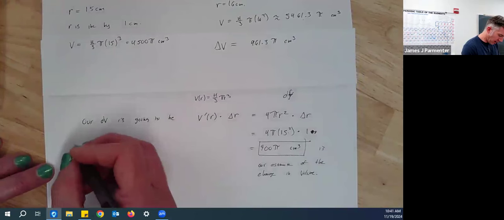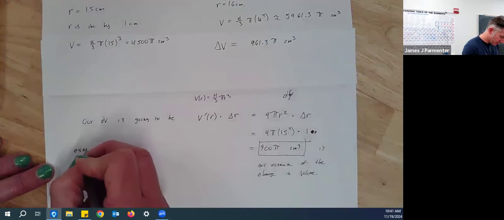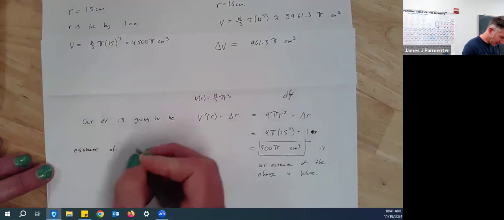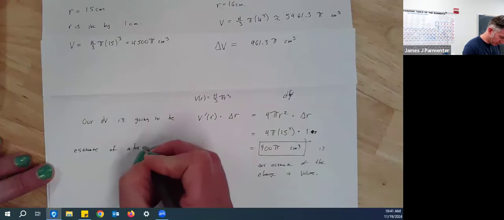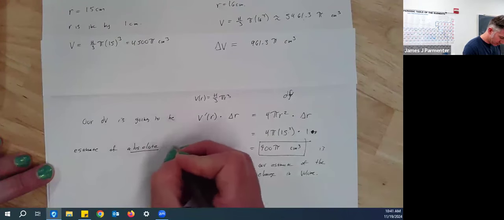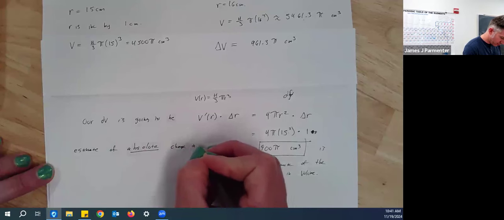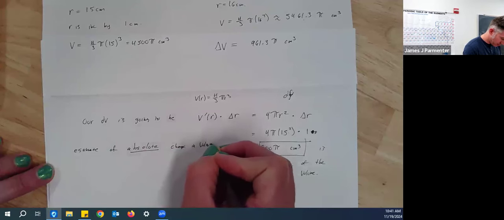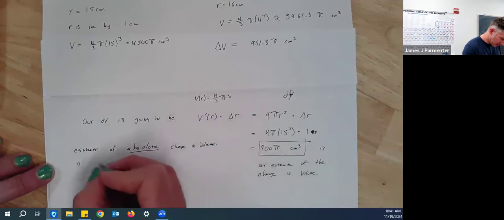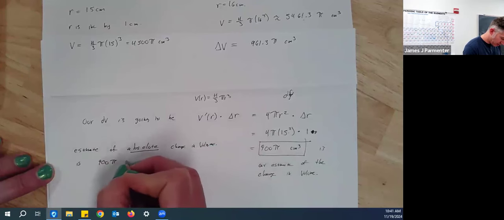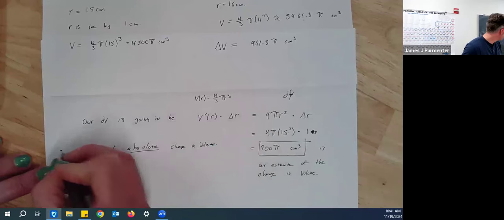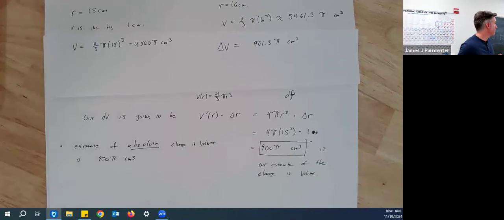So this would be our estimate of the absolute change in volume, and that, again, was 900 pi cubic centimeters. Question?